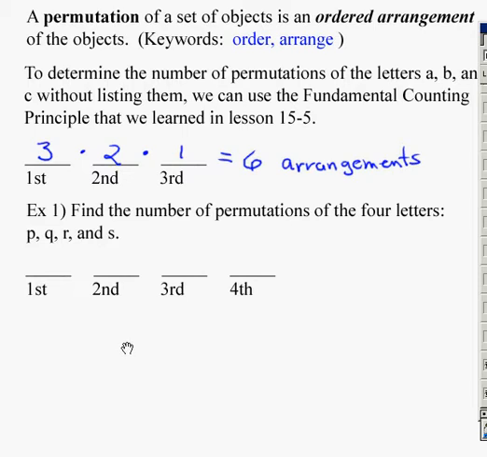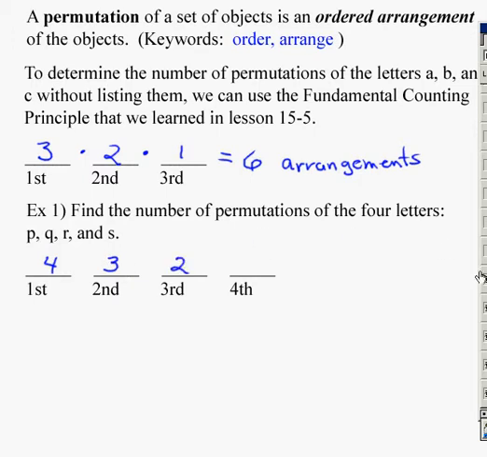Let's use the same fundamental counting principle we just did. In the first position, we haven't selected anything, so we've got all 4 of them to choose from. Could be any of the 4, P, Q, R, S. Whatever letter we choose, we've used up 1 letter, so there's only 3 letters remaining for the second position.